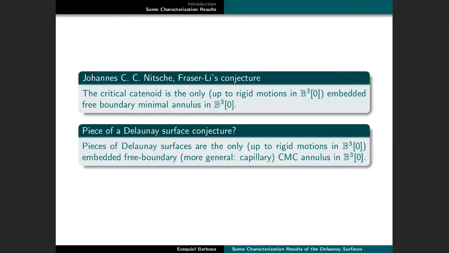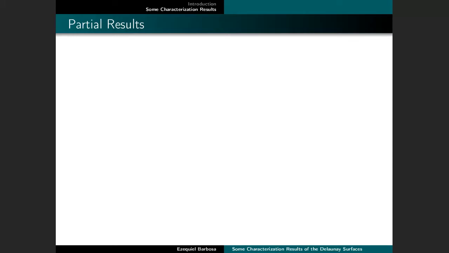But we can include this kind of question. I mean, is it possible to classify the annulus, CMC annulus, free boundary CMC annulus in the unit ball? Well, let me present some partial results.